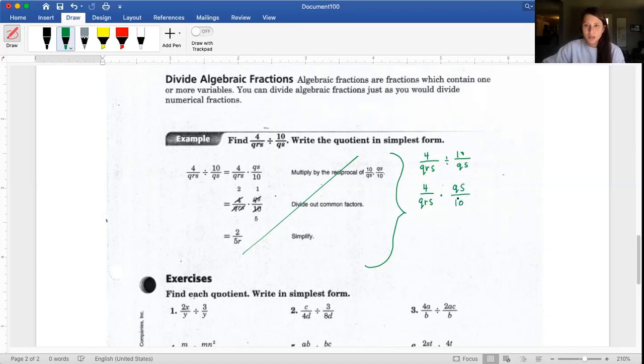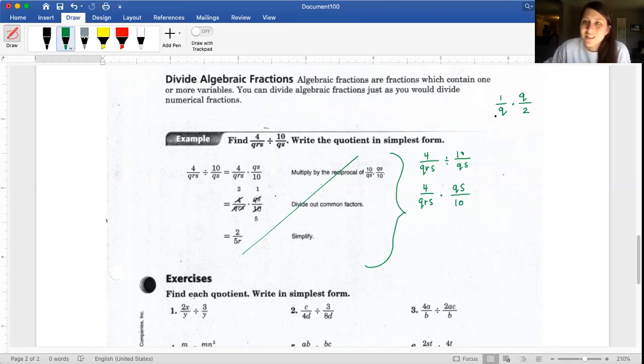Now here's the cool thing. If we were multiplying like 1 over Q times Q over 2, if Q is repeated, that represents the same number. So if Q meant 4, then I'd have 1 over 4 times 4 over 2.